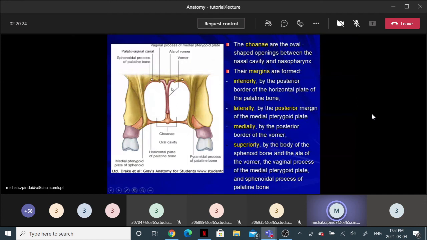And due to choanae, posterior nasal openings, the nasal cavity communicates with the nasal part of the pharynx. And this is very important, how to bound each choana. So medially is the vomerine ala.